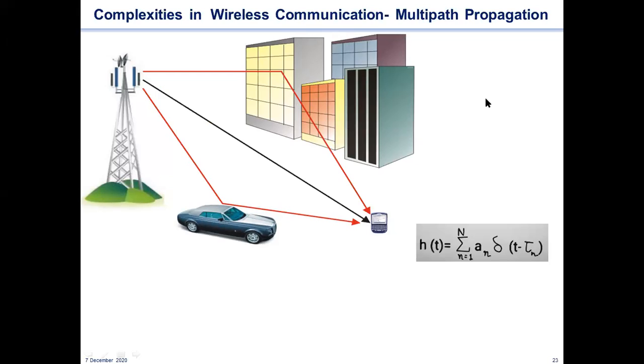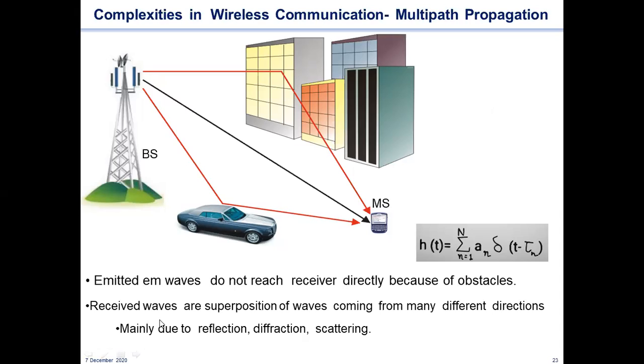All these are known as multipath components. So you can see here, these are all the multipath components. This one is the line of sight.